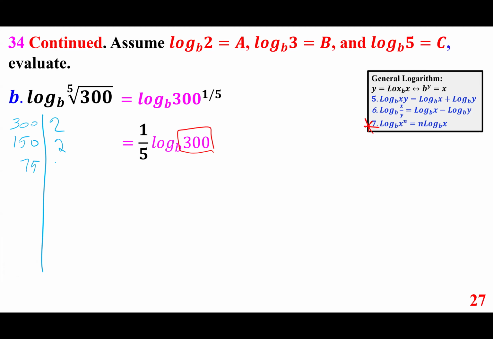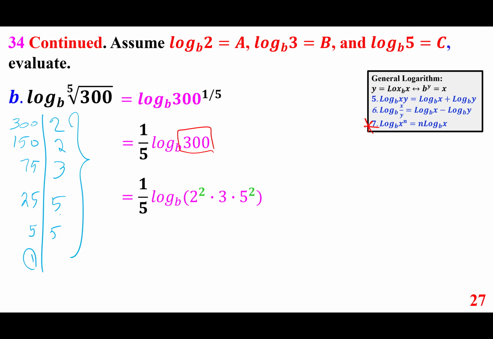No. 3, 25. Can I divide by 3 anymore? No. 5, 5, 5, 1. This is where you stop. And this means 2 squared times 3 times 5 squared. So you're completely decomposing the number now. You have a chance of doing so. So 300 is 2 squared times 3 times 5 squared.